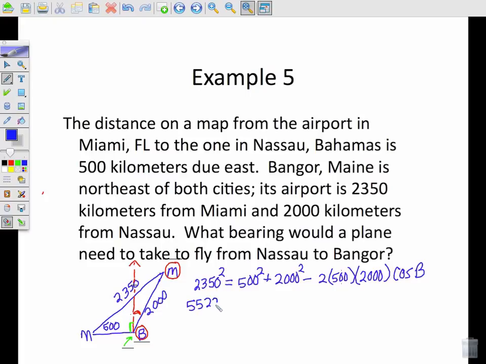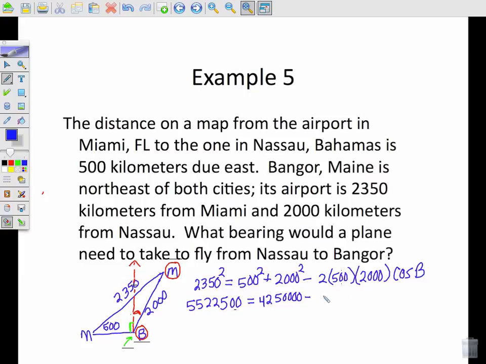All right, we've got to square the values. 2,350 squared is 5,522,500, then 500 squared and 2,000 squared. This is taking the 500 squared and adding the 2,000 squared, which is 4,250,000.